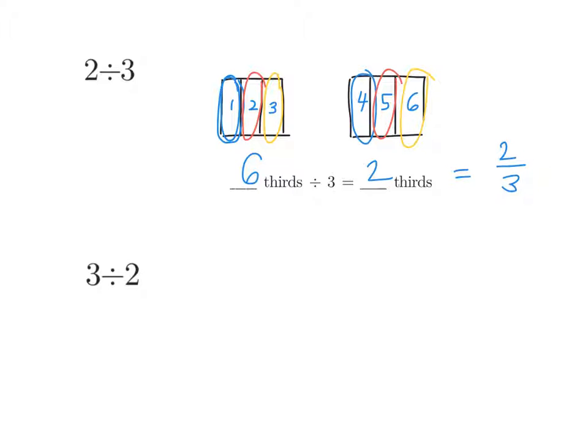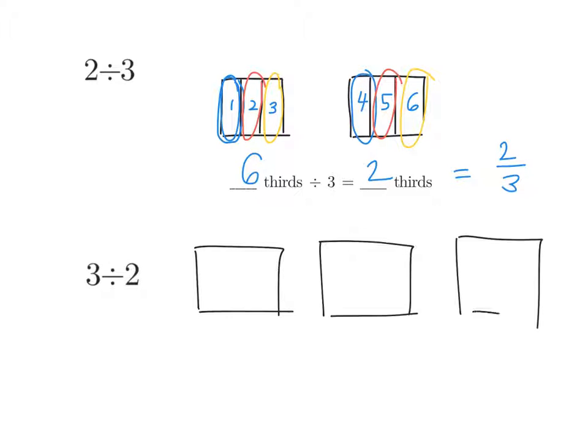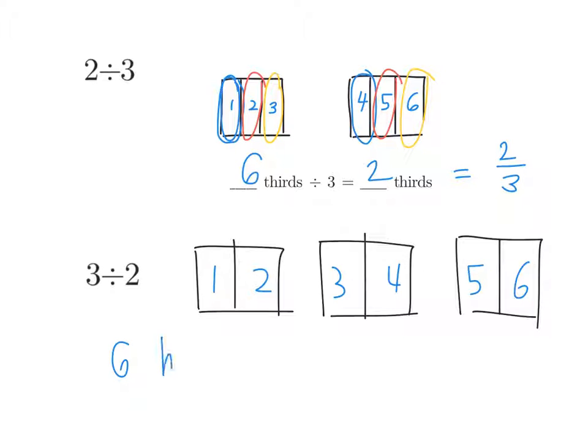Let's try another one. 3 divided by 2. Okay. This time, we're starting with how many units, or how many wholes? 3 wholes, right? And we have to split each one into how many groups? Half, right? So I'm going to split each one into halves. Now, let's write the unit form. How many halves do I have to begin with? 1, 2, 3, 4, 5, 6. So I have 6 halves.